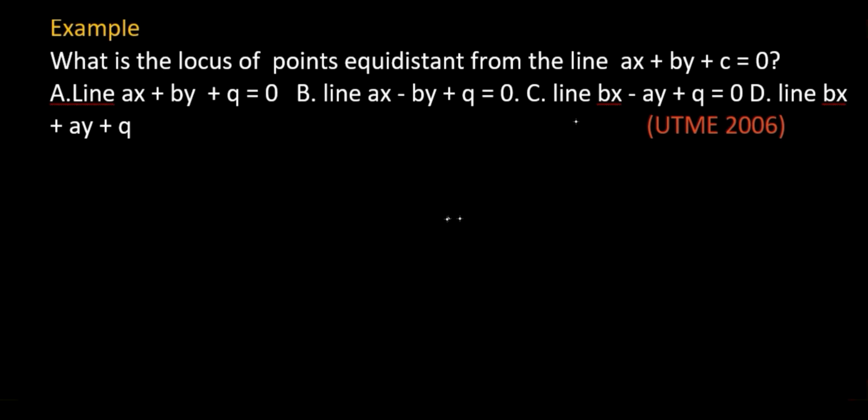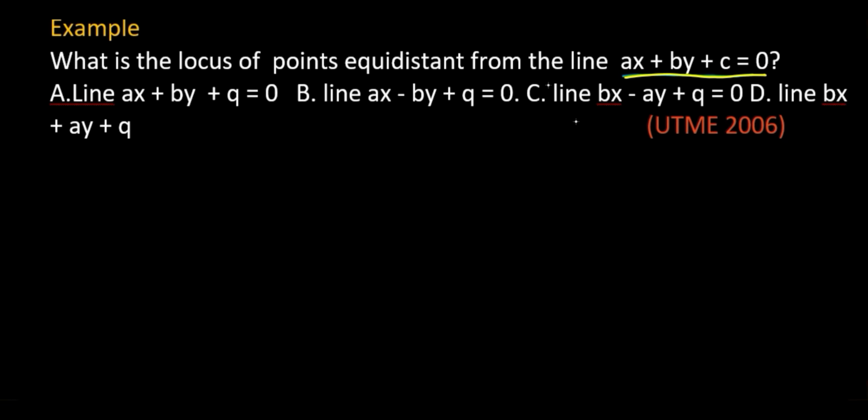Okay, another example. What is the locus of points equidistant from the line ax plus by plus c equals 0? We are given the same line. Of course, the locus to this line must be parallel to that line. In this case, we have to make use of the equation of a line.